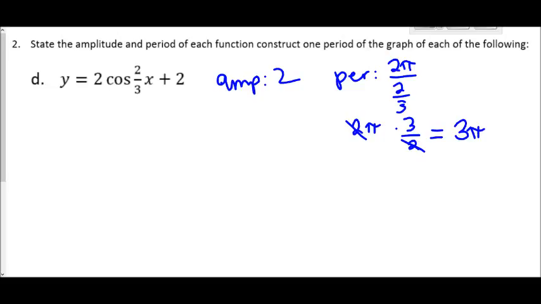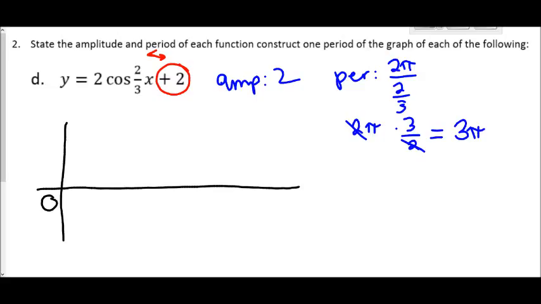Okay, so from there, we can construct a graph. We will have a vertical shift, going up 2. There's no phase shift, so no side to side. So when we draw our graph, we can be confident that we're starting at 0 and ending at 3 pi. Half of that is 3 pi over 2, because we divide it in half.